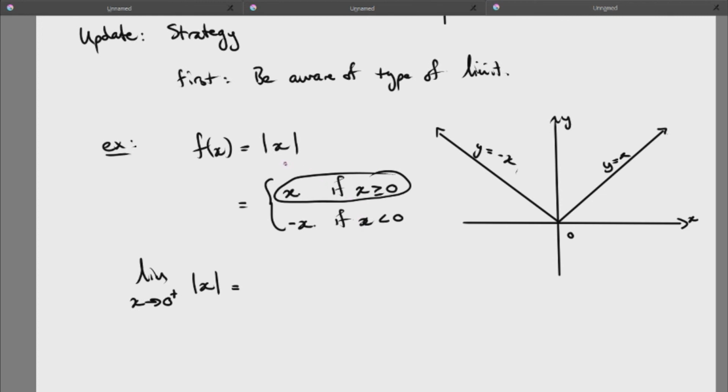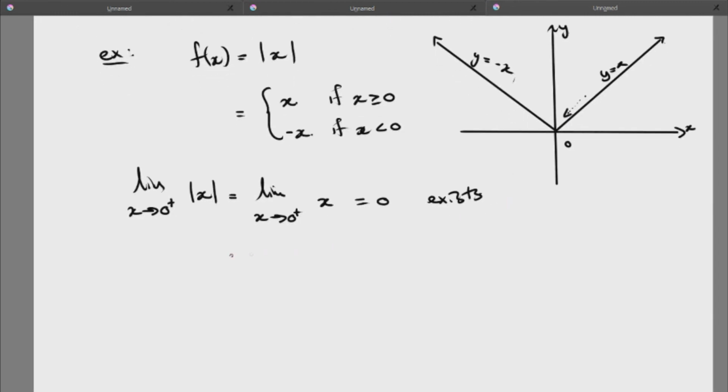Which means everywhere I see the absolute value of x, I can replace it with that piece, which is much simpler. It's just x. So as x approaches 0, x approaches 0. It exists. Which makes total sense. If I walk along the graph from the right, I'm going to a y value of 0. Okay, it's fine. It's not a complicated graph in its basic form.